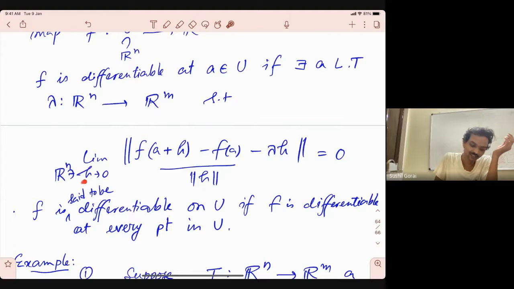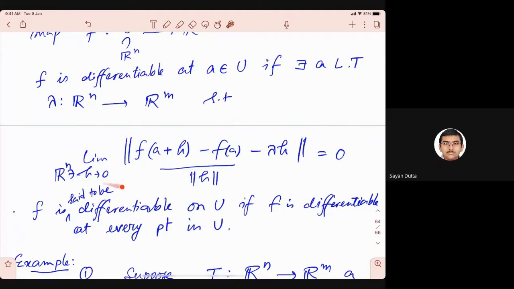Let us look at this limit carefully. When we were studying functions from R to R, we know that the only functions which satisfy df equal to f are the functions of the form k to the power x.